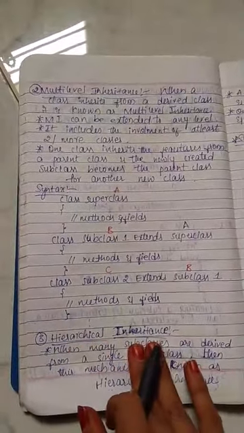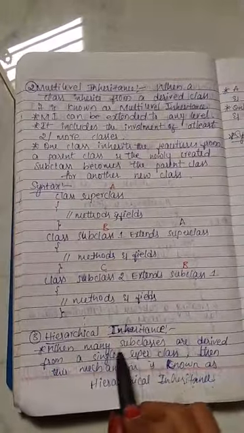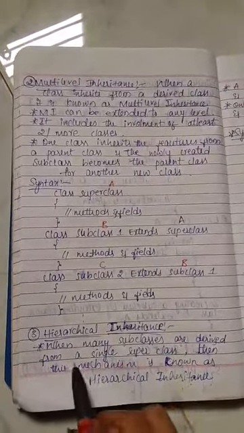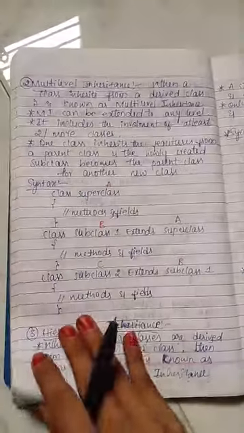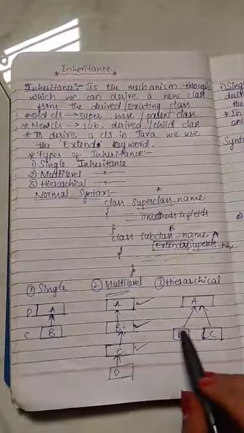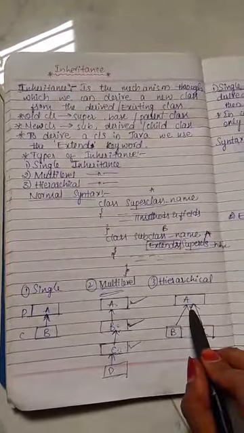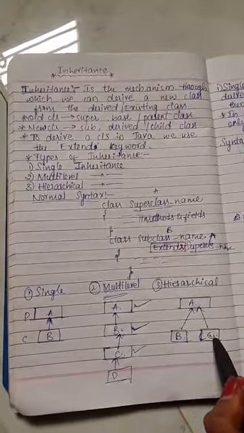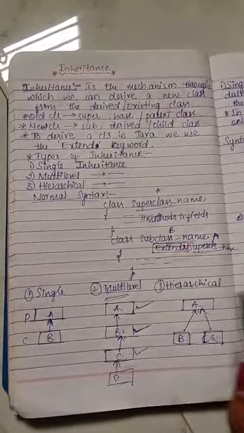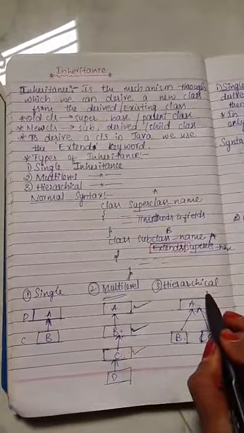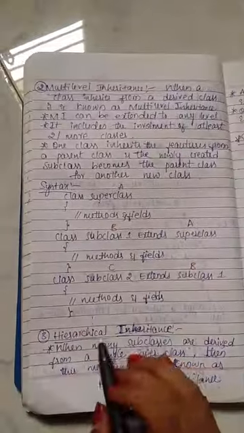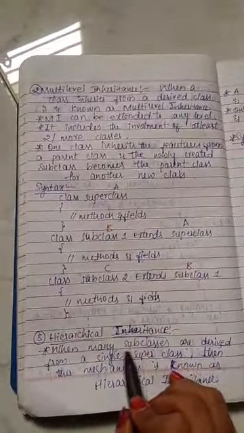Let's go to hierarchical inheritance. When many subclasses are derived from a single superclass, this mechanism is known as hierarchical inheritance. You can see two or more subclasses derived from the single superclass.